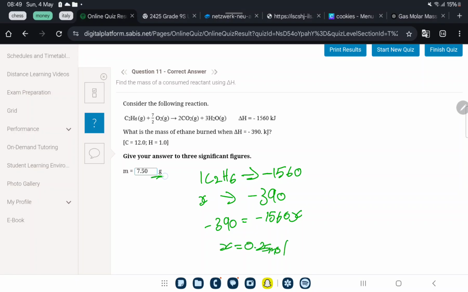And then they want the unit in grams, so you convert. To get the mass, it's molar mass times moles. Molar mass here is 2 C's, so 2 times 12, plus 6 H, so 6 times 1, and you get 30. So your molar mass is 30.